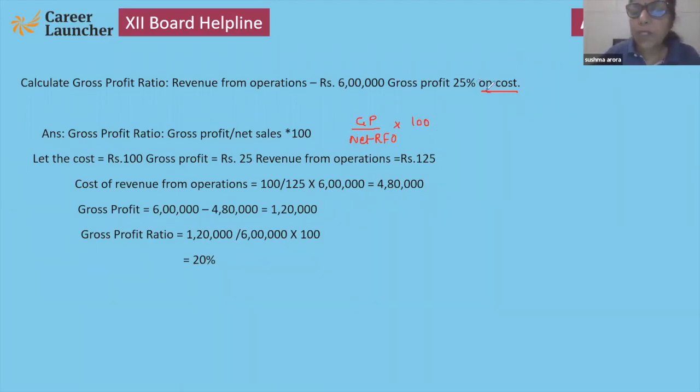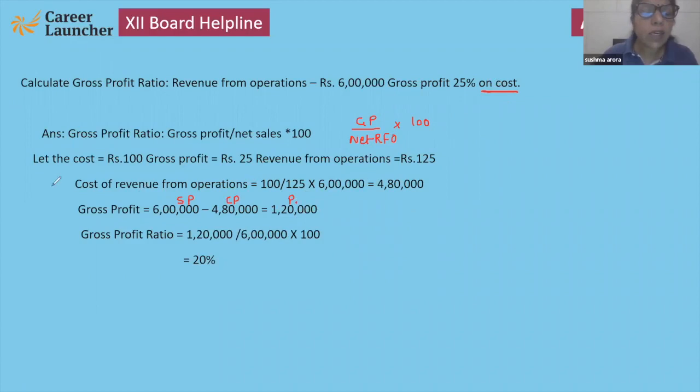This is 25% on cost. In your childhood, I am sure you must have learned the method. GP 25% on cost, on sales. And the same formula which you used in your childhood, sales price minus cost price, you will come to know the profit. But how to calculate this one? Here I am going to show you.